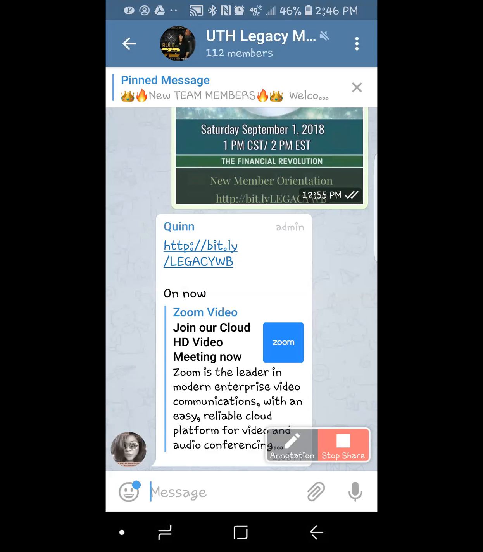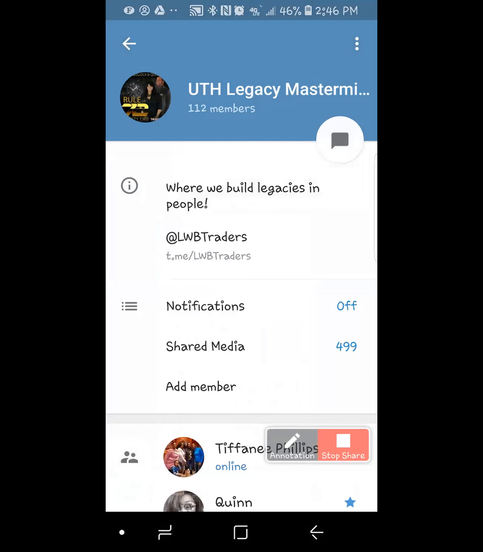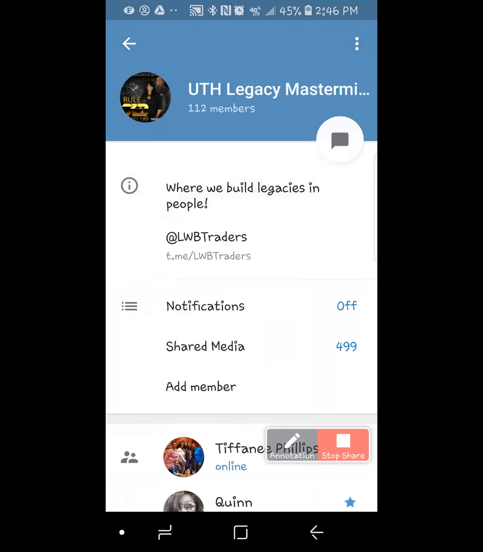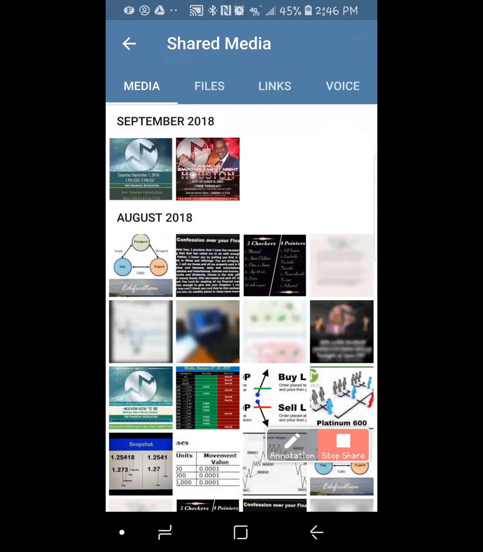So this is from my, what phone is this? Android. You access it differently from an iPhone. But if you click on the picture, you can go to shared media, guys. Anything that's ever been shared in our group is in here.